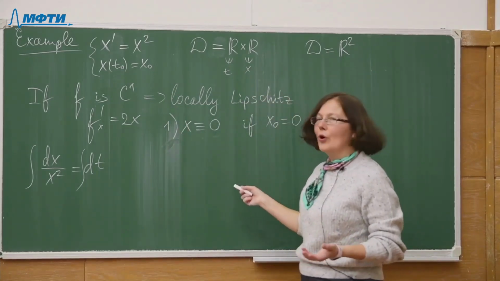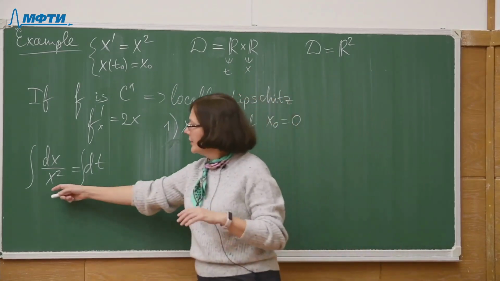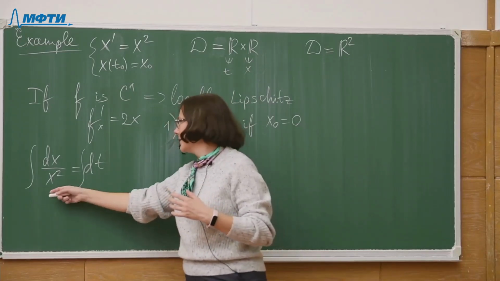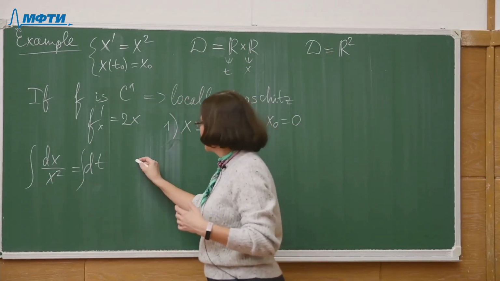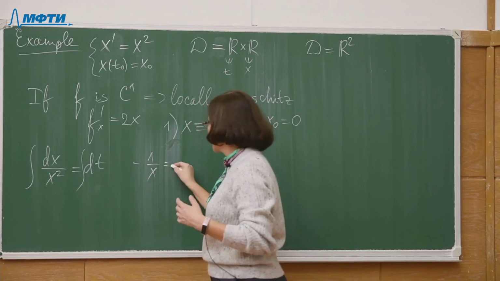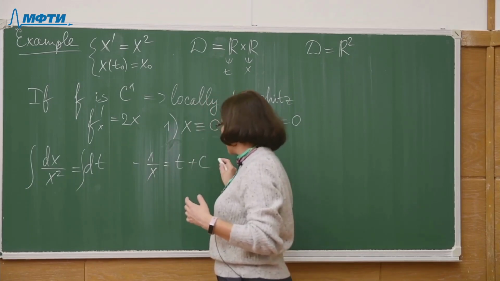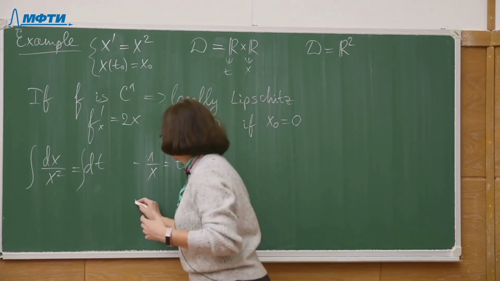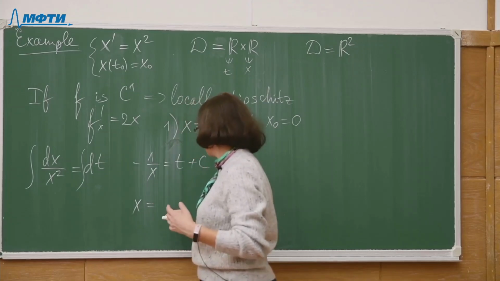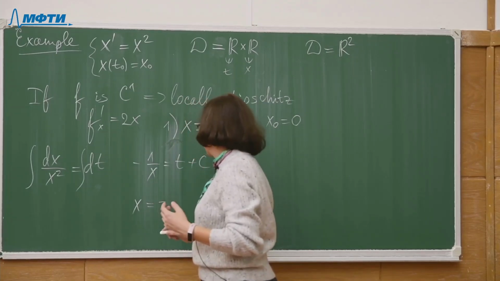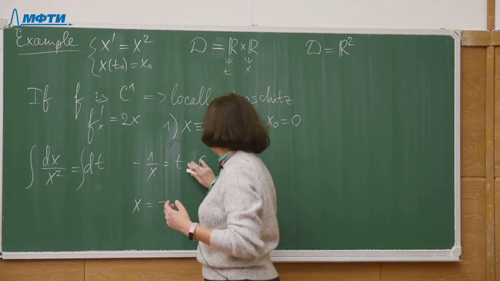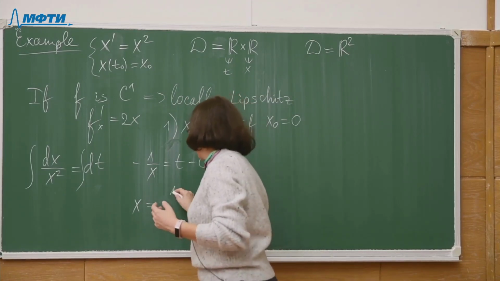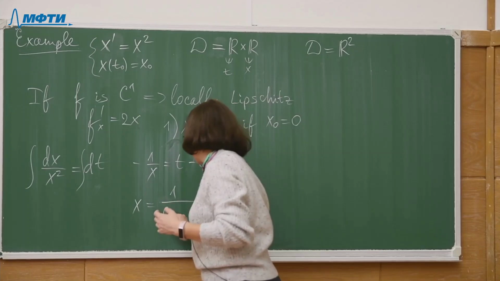But if not, then we should divide by x squared and integrate both parts. We will get minus 1 over x equals t plus a constant, and x equals minus, okay, that is, 1 over c minus t.